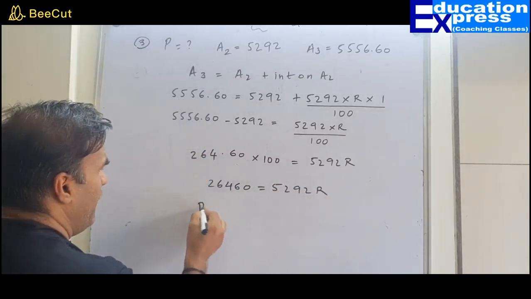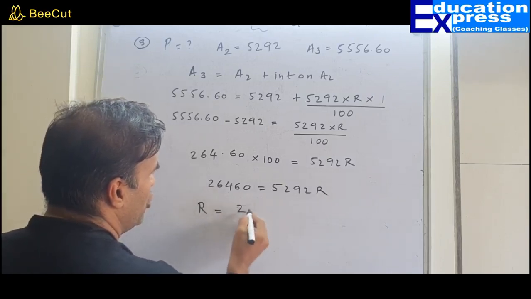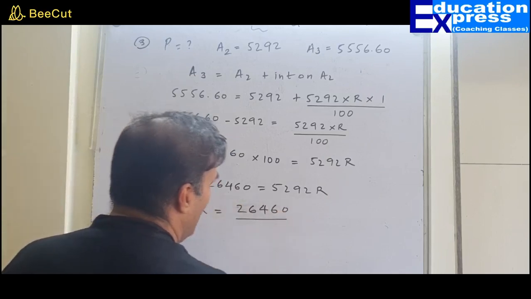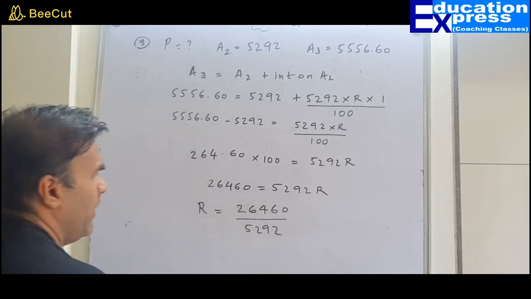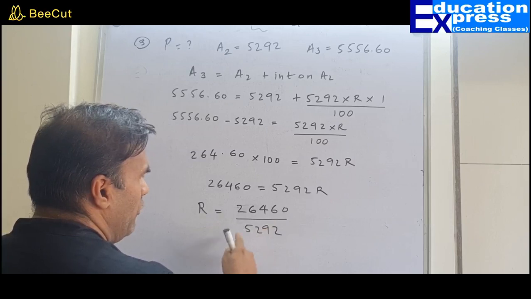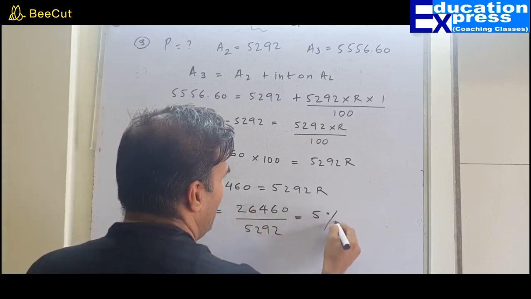Can you find the value of R? R would be 526460 divided by 5292. Now if you look into this, I guess 5292 into 5 will give me the same result. So that will come up to 5%.